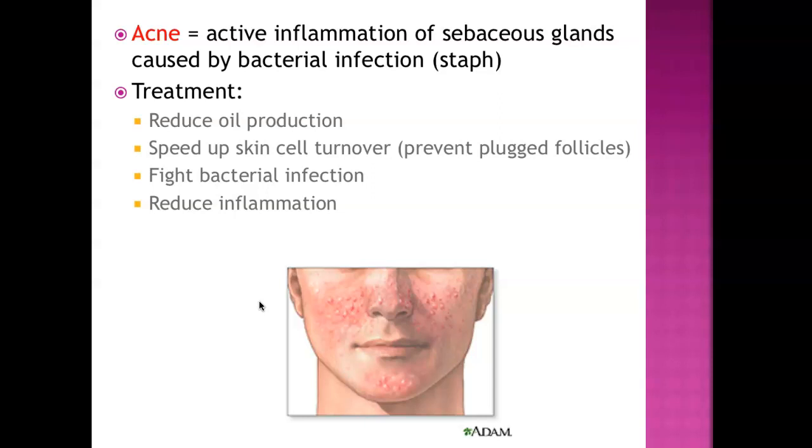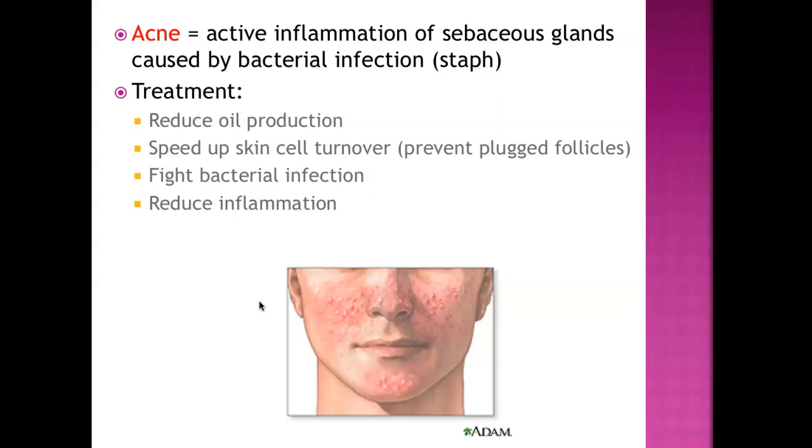So what can be done to treat acne? Reduce oil production. I don't know if you can really reduce the production of oil, but you can clean the oil off of your skin, but then that's going to result in dryness. You can speed up skin cell turnover. There are creams that you can put on your skin. One of them is called Retin-A. It's called tretinoin cream.